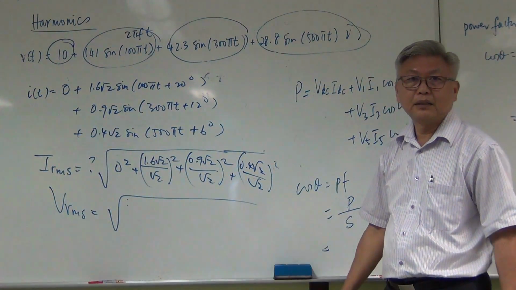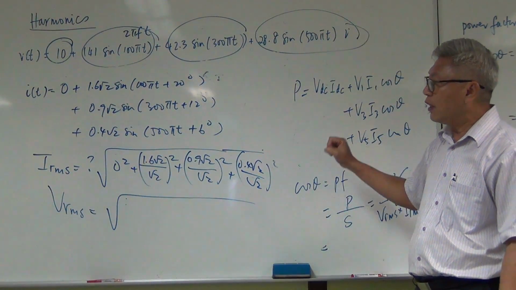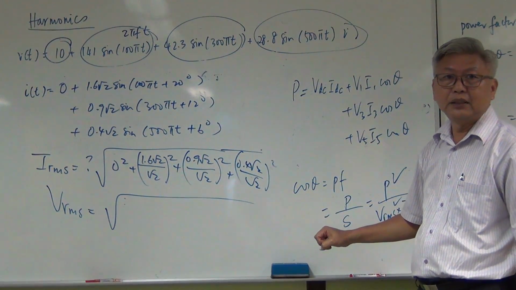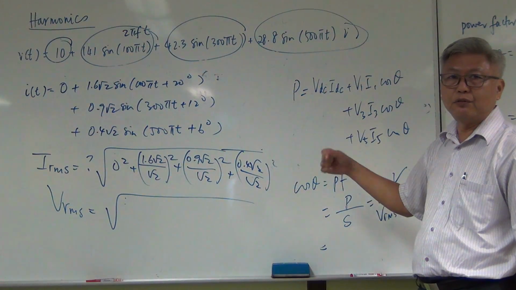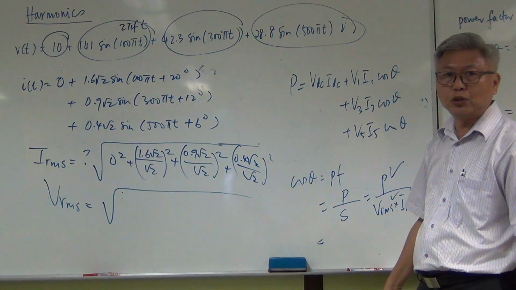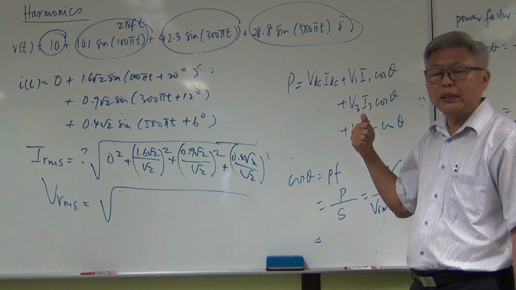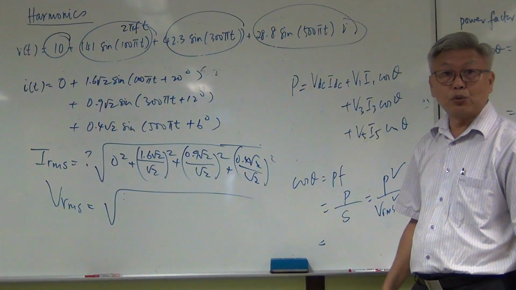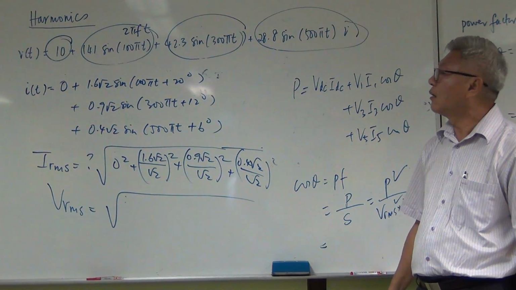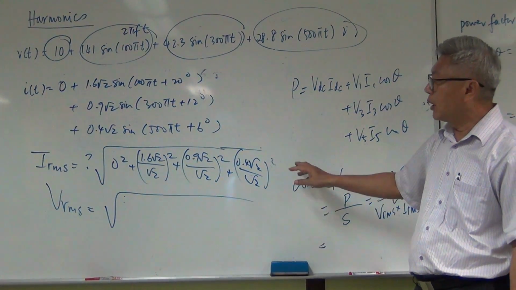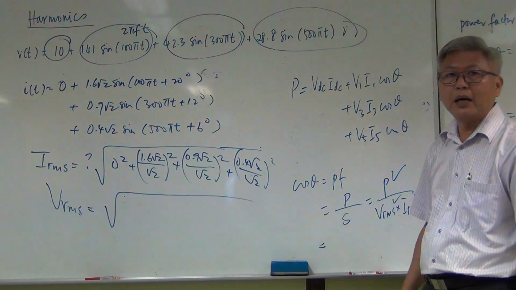So be very familiar with your complex number. That's what our revision is all about. Our first video talked about complex numbers, and how to convert inductance and capacitance to reactance. Okay, that is what harmonics is all about. We still have a little bit more about harmonics.